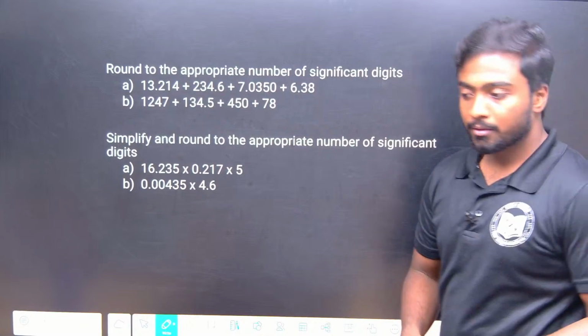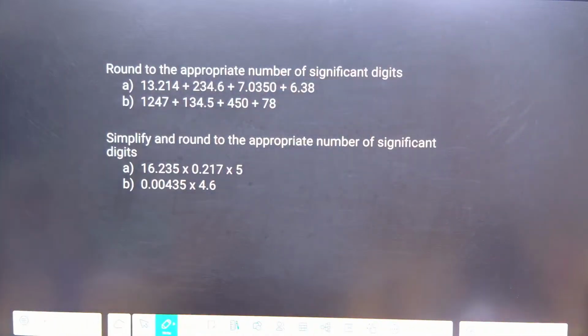Give answers for these questions. First, give the answer.